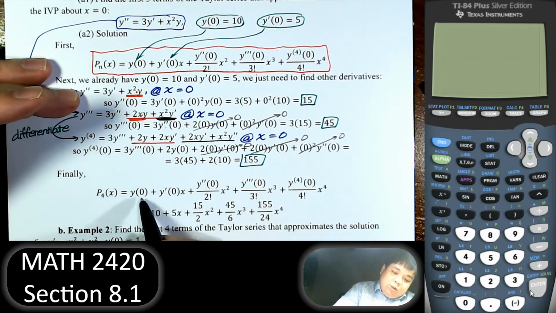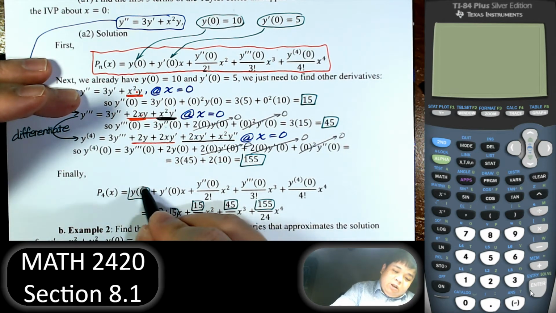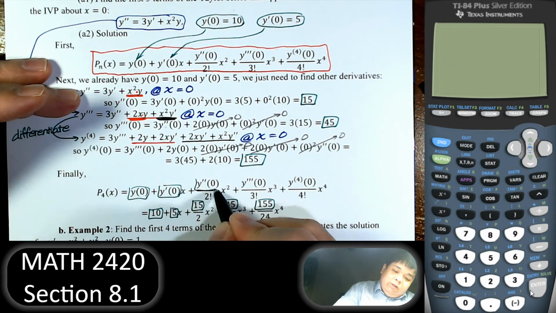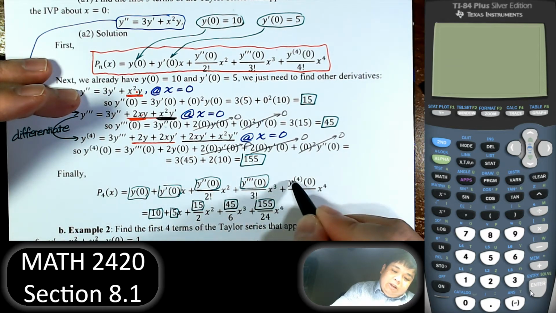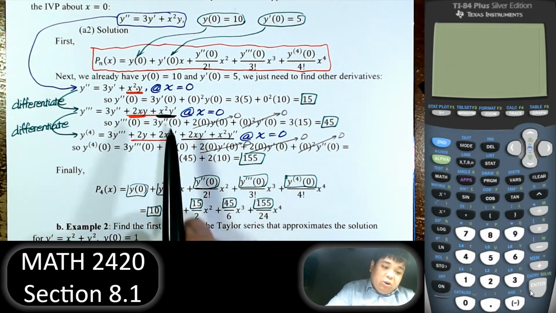So we're going to substitute in 10, 5, 15, 45, and 155. Those are the values of the function, first derivative, second derivative, third derivative, and fourth derivative at 0. And then we divide by the factorial, of course.